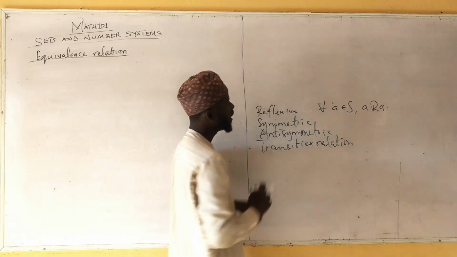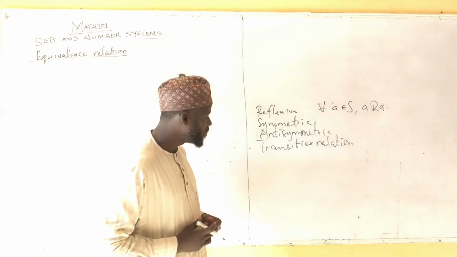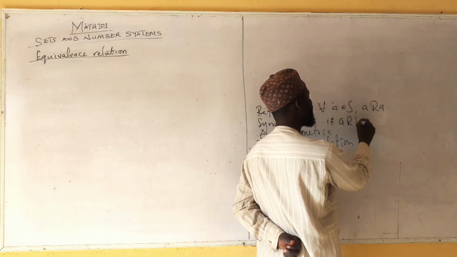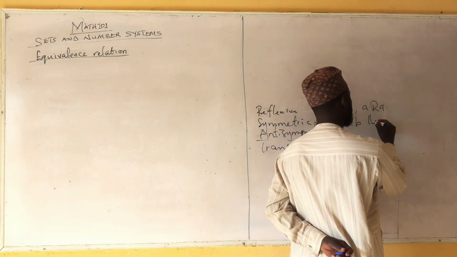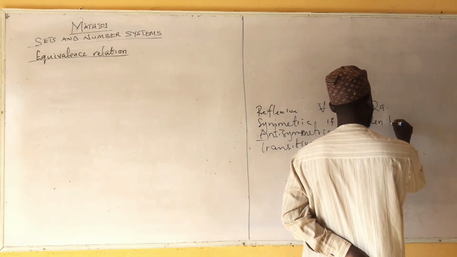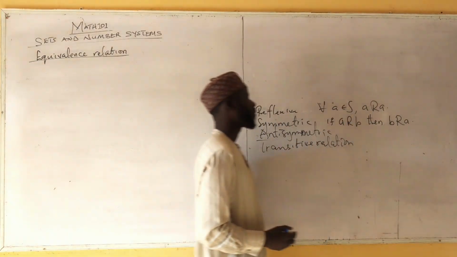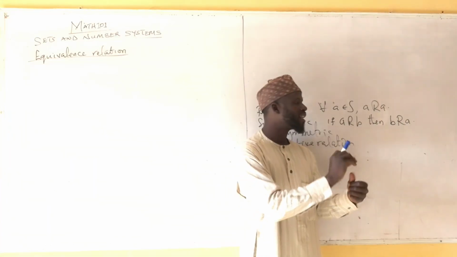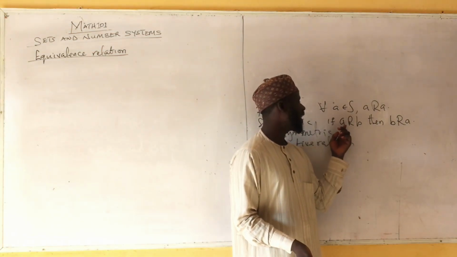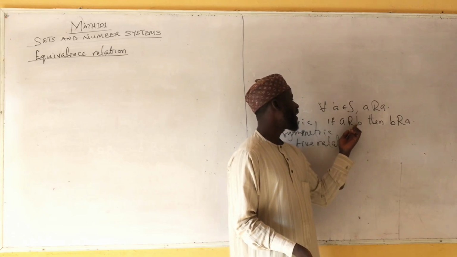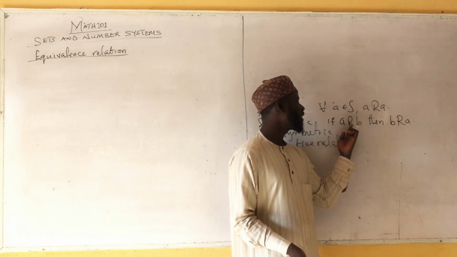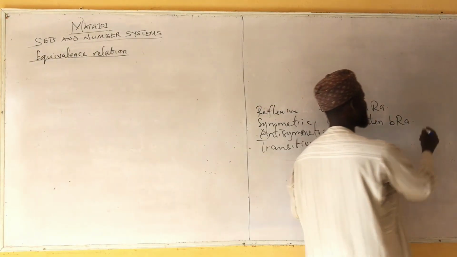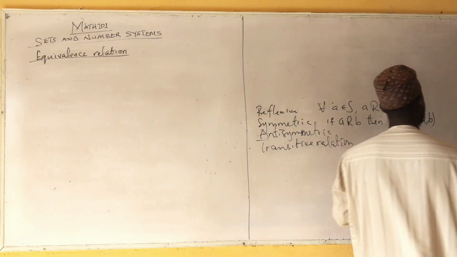Then the symmetric relation simply means that whenever you have A is related to B, then B is also related to A. So this means the inverse of the relation A related to B is also in R, meaning R contains the inverse of the ordered pair AB.